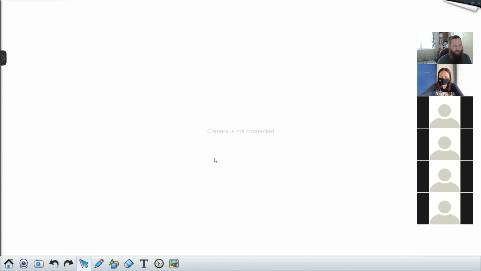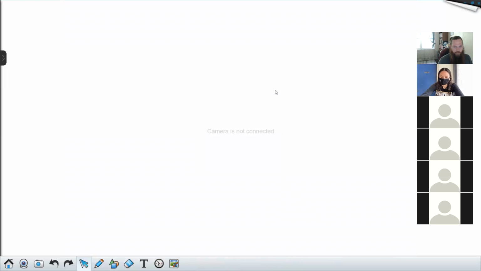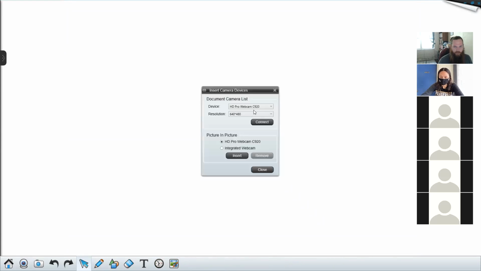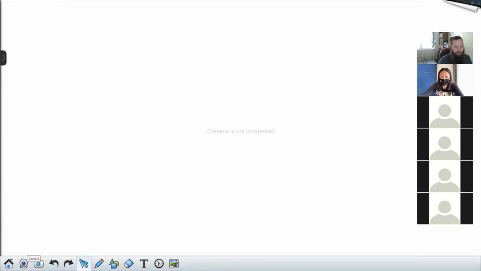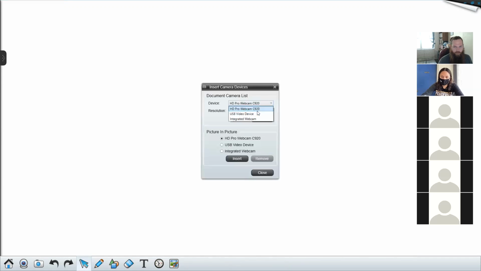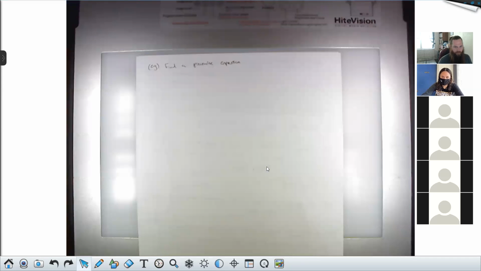All right, so what we're going to do is find a piecewise expression for a function that you encountered in your last homework set, the square root of x squared. Most of you saw it as the square root of 16x squared or the square root of 9x squared, something like that.